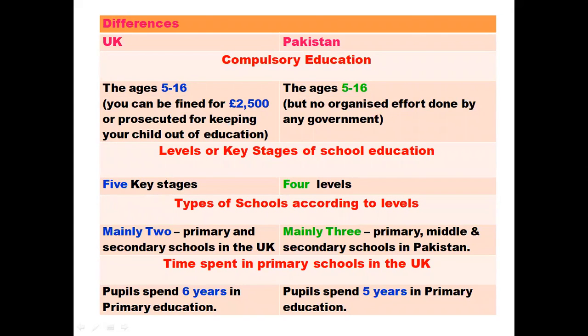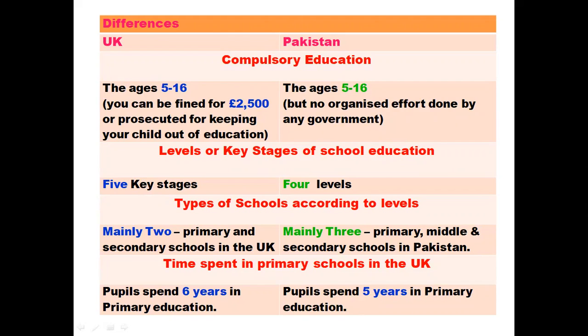Again, looking at levels or key stages of the school education, UK school education has been divided into 5 key stages, while in Pakistan school education has been divided into 4 levels. Moving on to the types of schools according to levels.